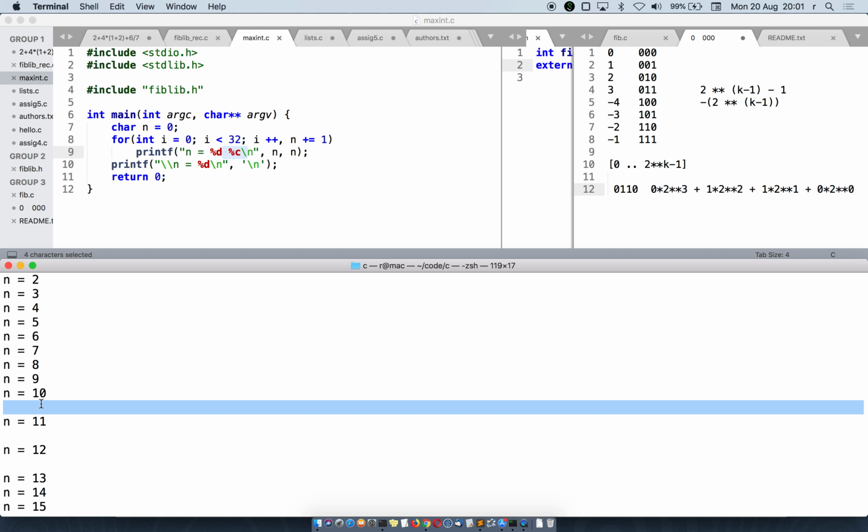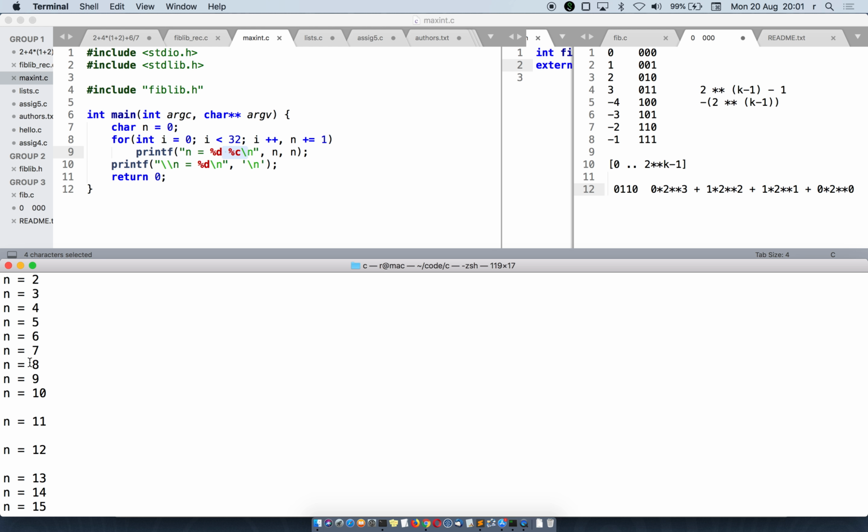All right, so these characters have the ability to control the formatting of your output. One of them is the tab. So let's see if here we actually can see the tab. The tab should be, I think, 8.